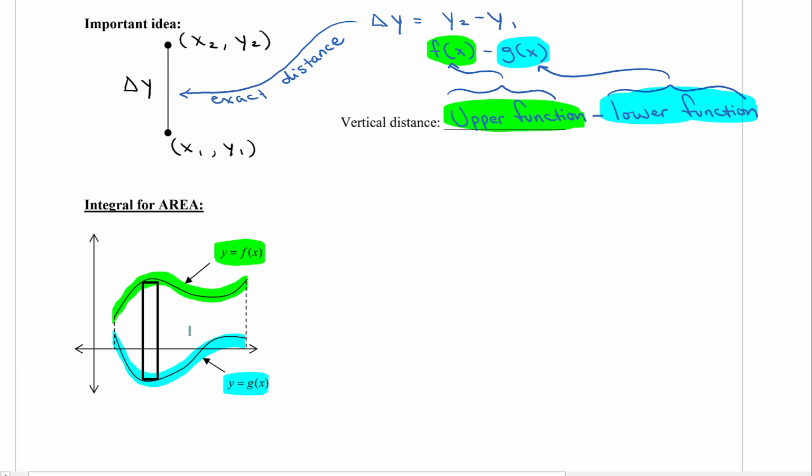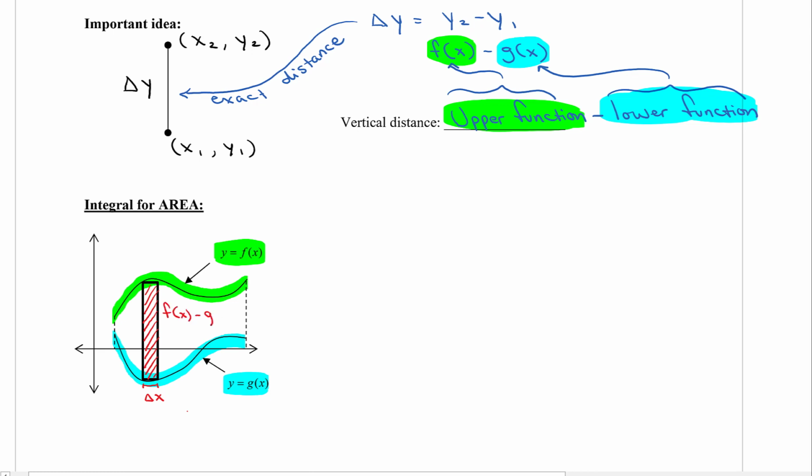I'm going to draw a rectangle here in between these two functions, so that we can imagine what it would look like if I were to draw several rectangles here and partition this area into several rectangles. I'm going to shade in that rectangle, and we can imagine, right, that width right here is going to be represented with delta x. And then the height of this rectangle is going to be represented by subtracting the two functions.